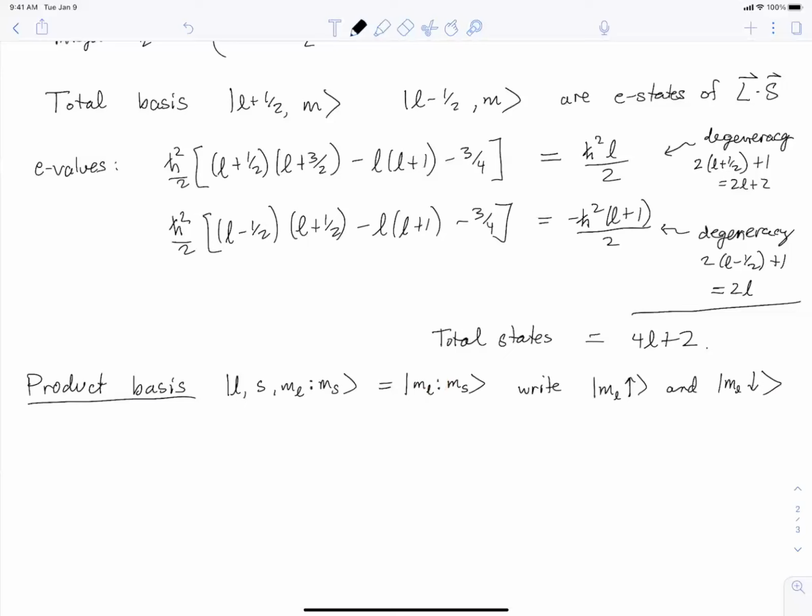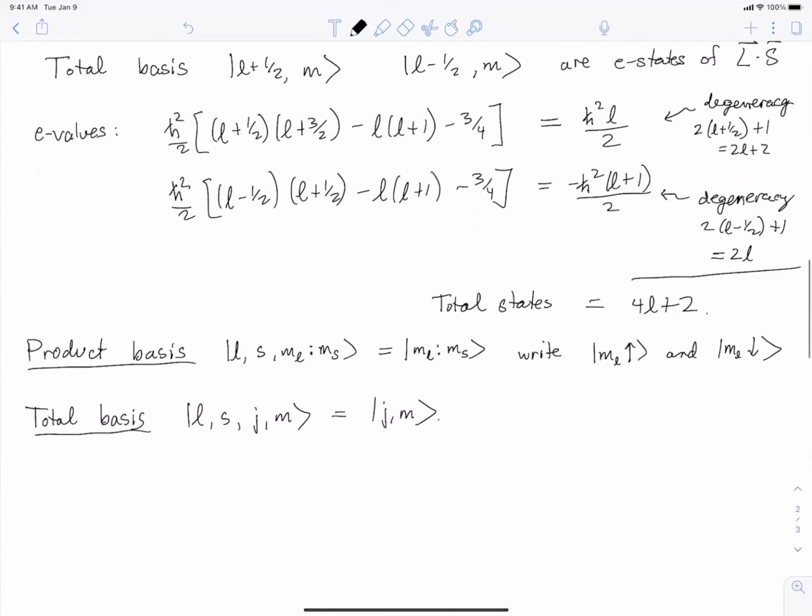Okay, but we could also write this, and so we'll do it without the colon, as just ML up arrow and ML down arrow. That way I know if I'm using up arrow and down arrow that I'm talking about the product basis. And then I don't need to write the colon here to remind me that I'm talking about the product basis. Okay, and then there's the total basis that we want to construct out of these things, which is again L and S, and J and M are the labels. So we can just write this as J and M. Okay, so we want to construct these from the product basis.